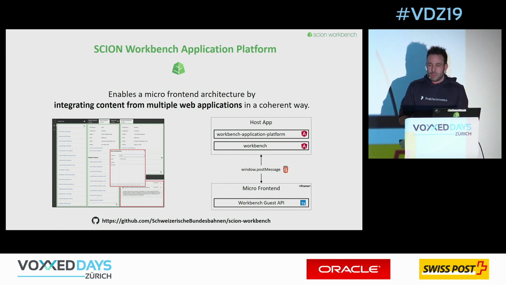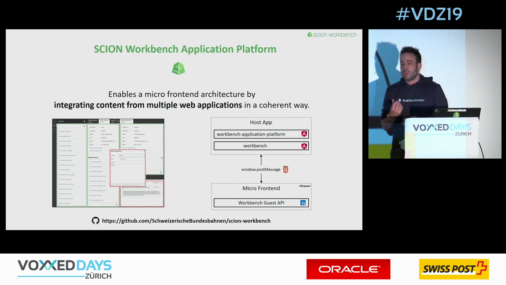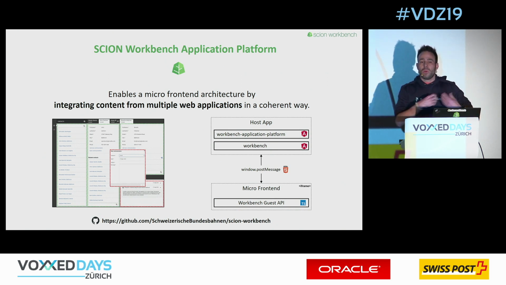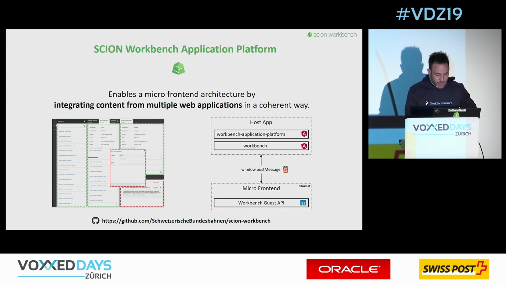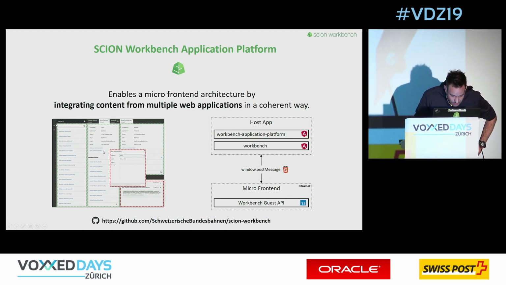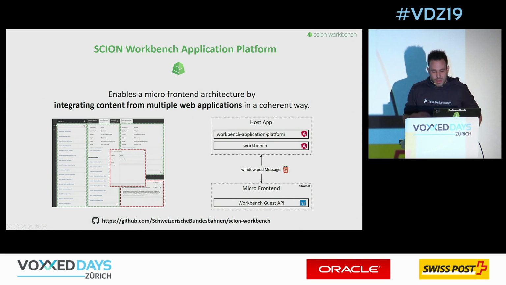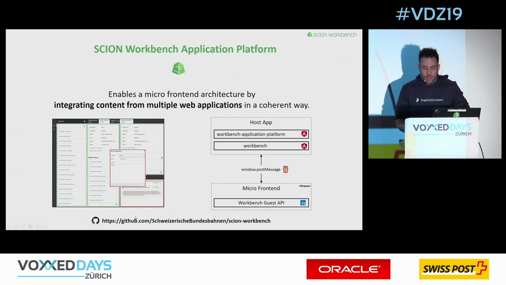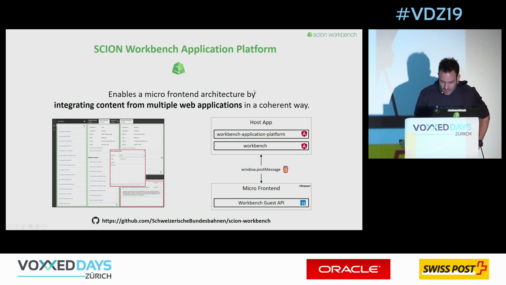So the Workbench application platform allows us to implement a micro-frontend architecture and to implement different web applications. On the left-hand side, you see a screenshot from our demo application on GitHub. The areas with the green boxes are one application, and the red ones are another application. And on the right-hand side, a sample setup: you have a host application with the workbench and the platform installed.